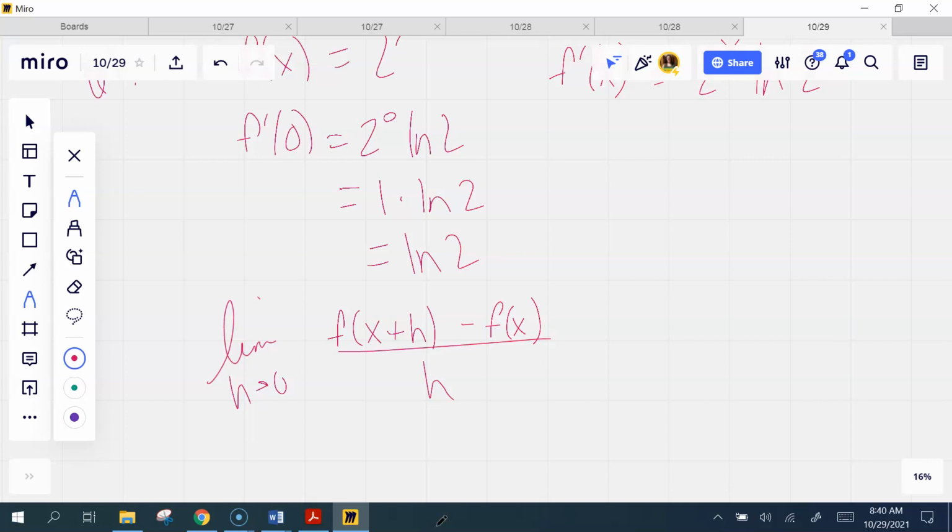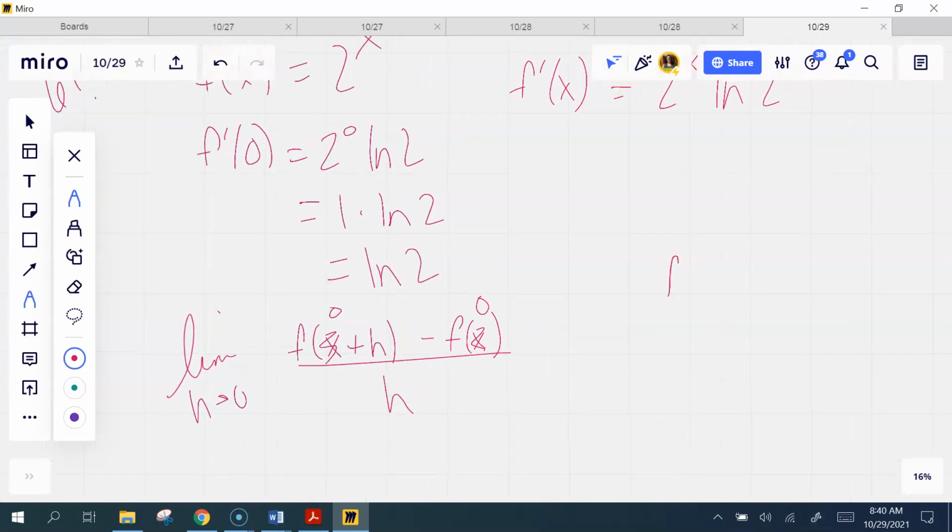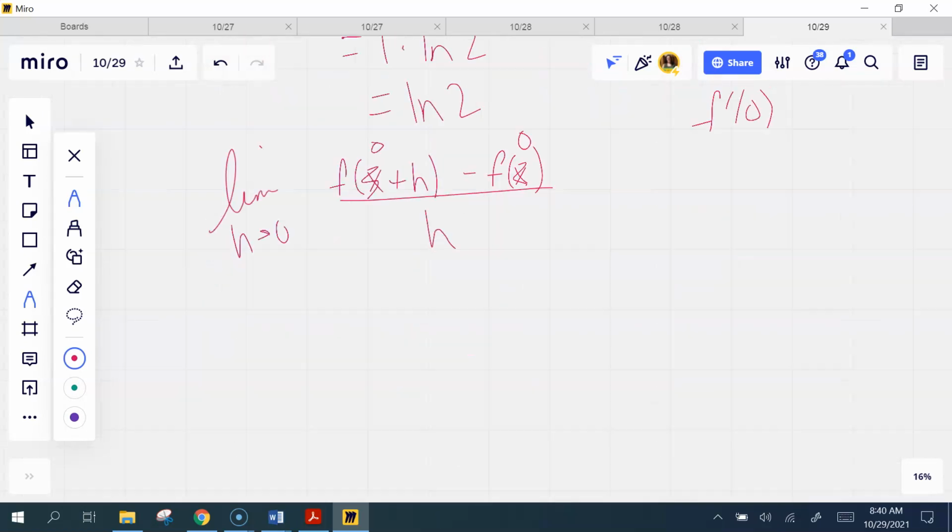It says use the definition to write f prime of 0 as a limit. So this is when x is 0, because it says f prime of 0.